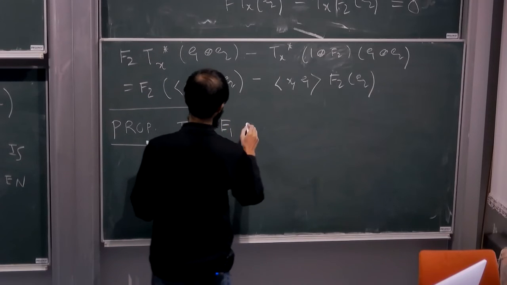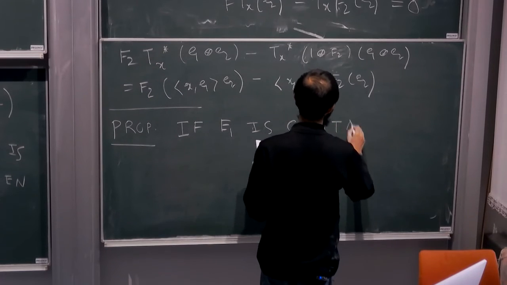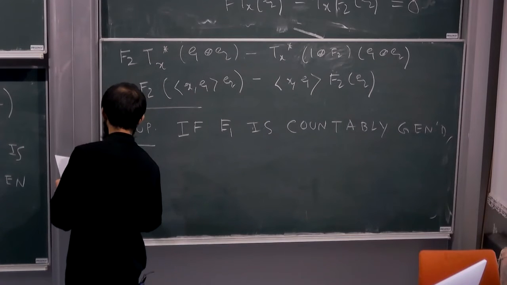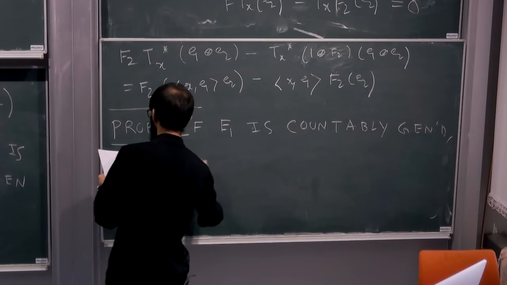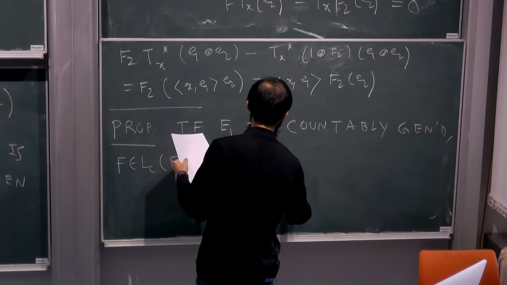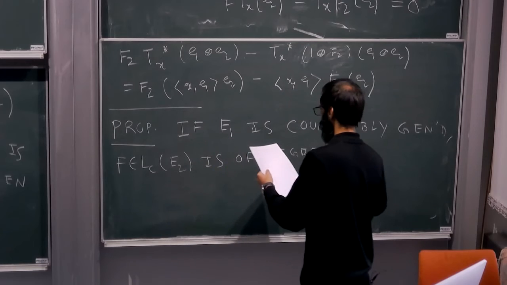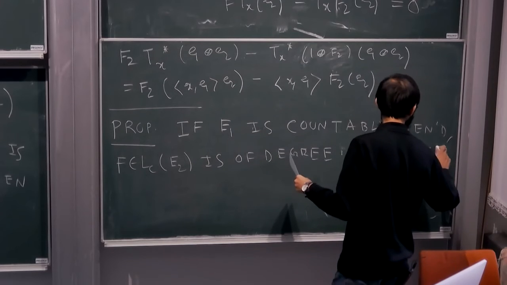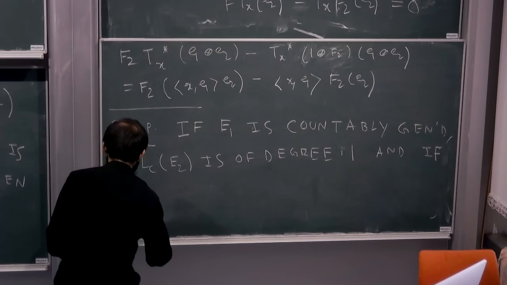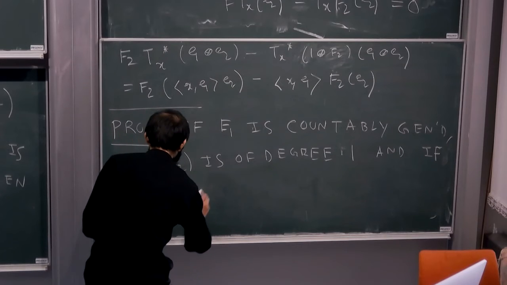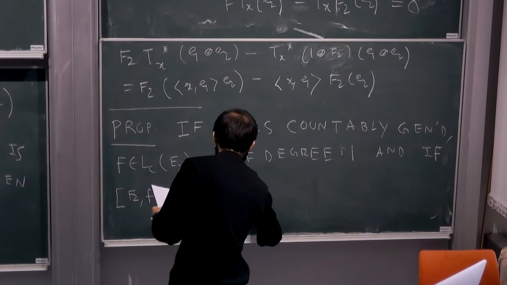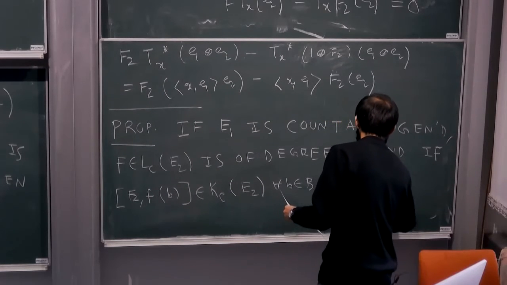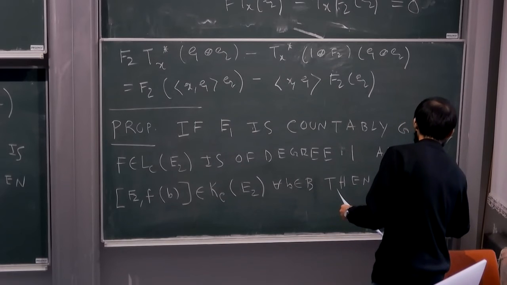If E1 is countably generated, and F2 is of degree 1, and if the commutator is compact, the connection exists.